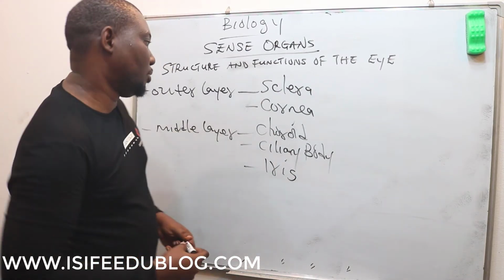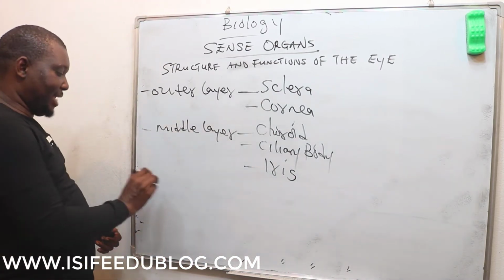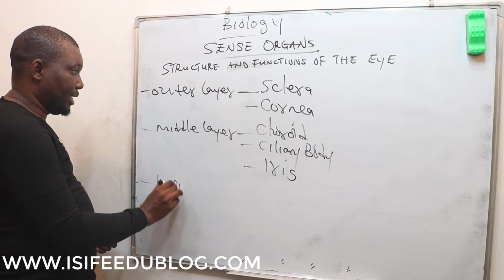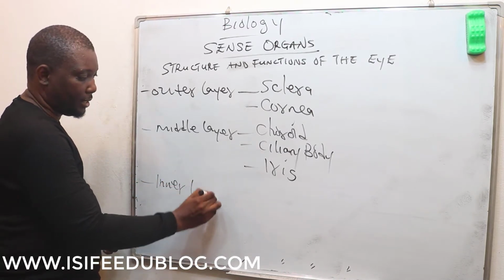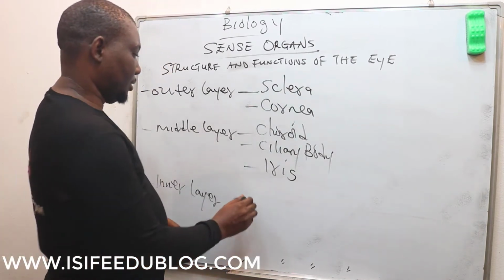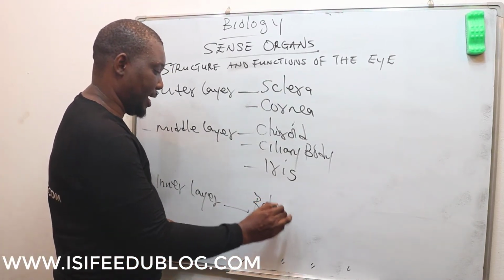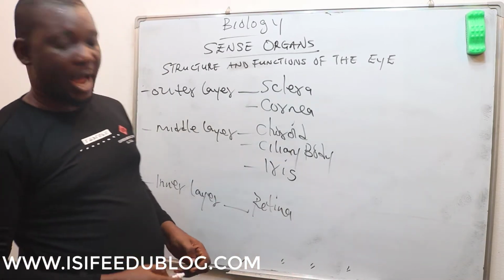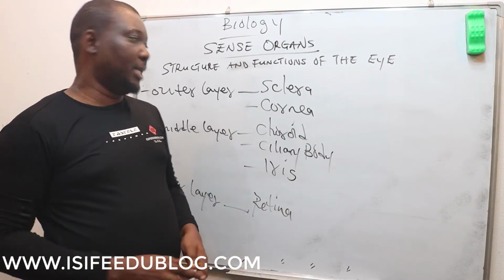And then last but not the least, we have the inner layer of the eye, which comprises just this layer, the most important part of the eye, which is the retina.